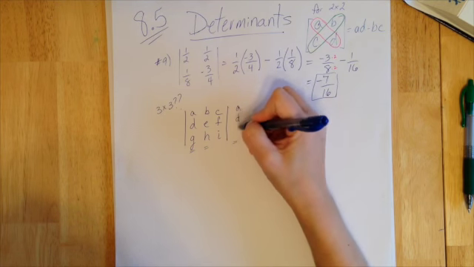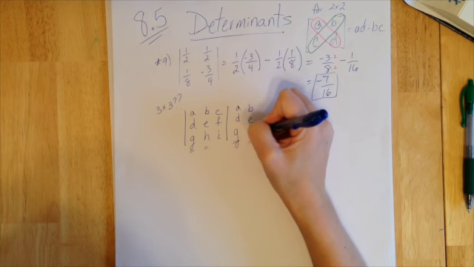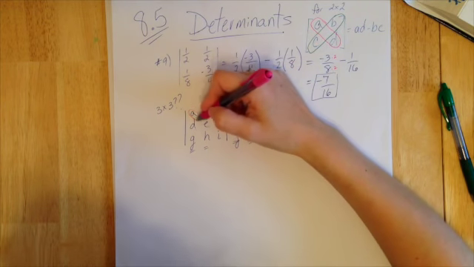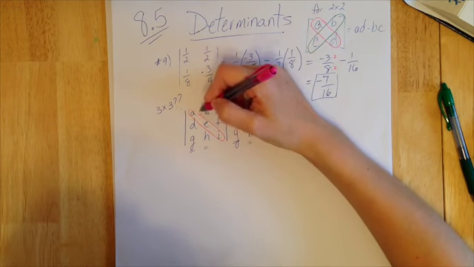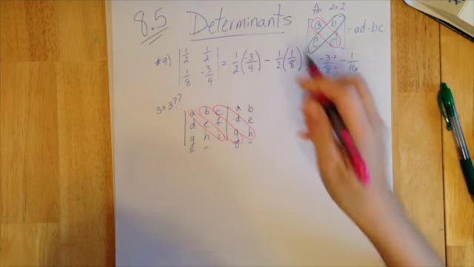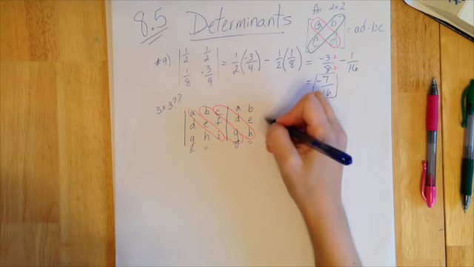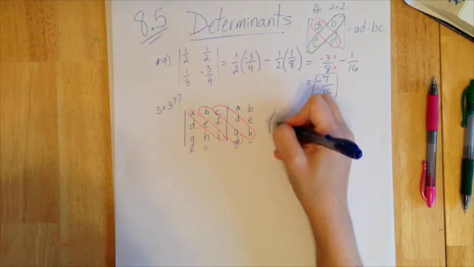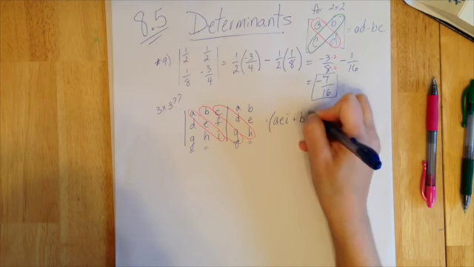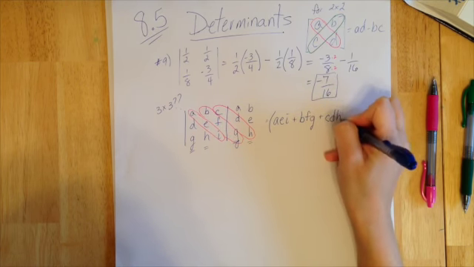So A, D, G, B, E, H. And similar to our AD, we have a diagonal with 3 pieces. So we're going to take all 3 of our diagonals and add them together. So the first one is A, E, I plus B, F, G plus C, D, H.